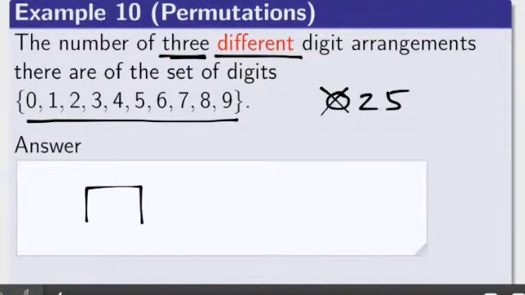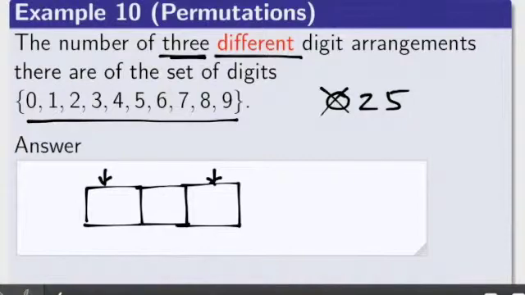Since we want to form a 3 digit number, we will draw 3 boxes. This being the most significant digit and this being the least significant digit. For the most significant digit, we can't choose 0, so we only have a choice of 9 digits. So we have 9 choices for this box.